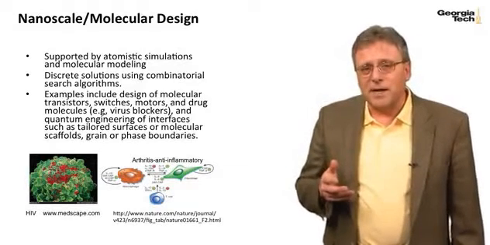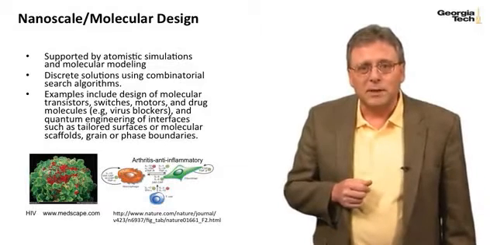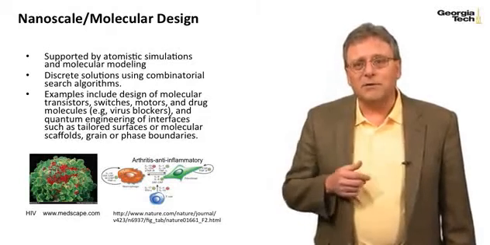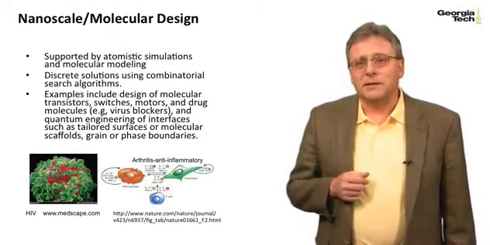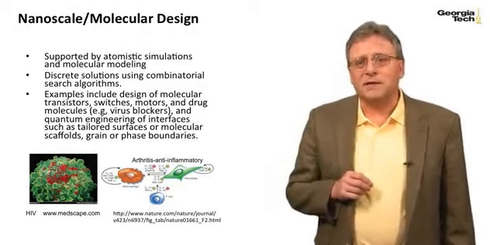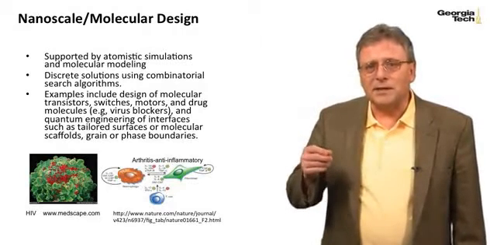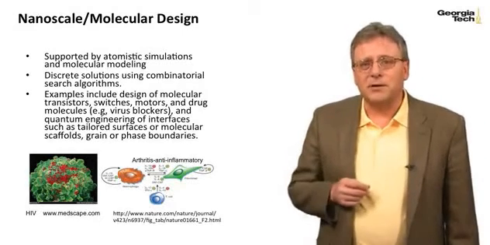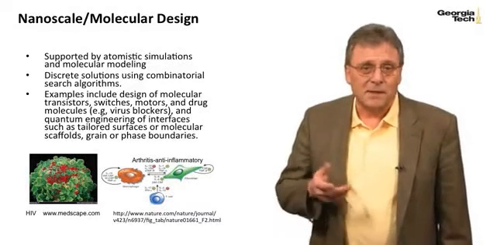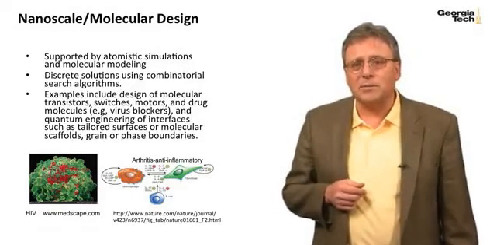This type of design is applied to specific molecules, for example, HIV virus blocking drugs that are used to guard against or to prevent HIV, and various types of algorithms for designing at the molecular or atomic scale structured materials that have certain required functionality. This is normally supported by atomistic models or even first principles quantum mechanical models.